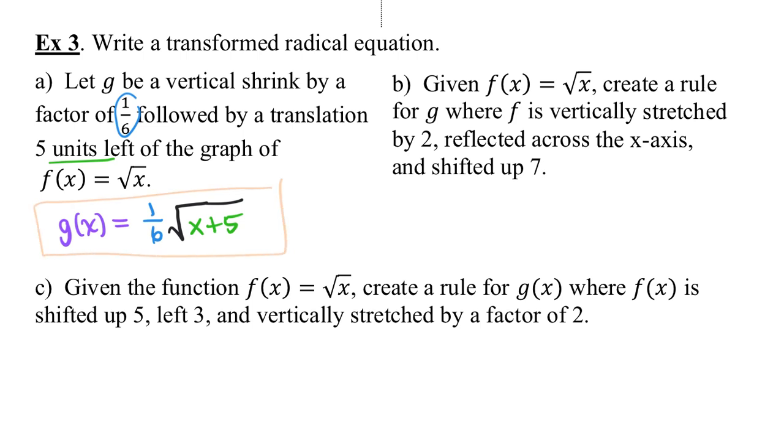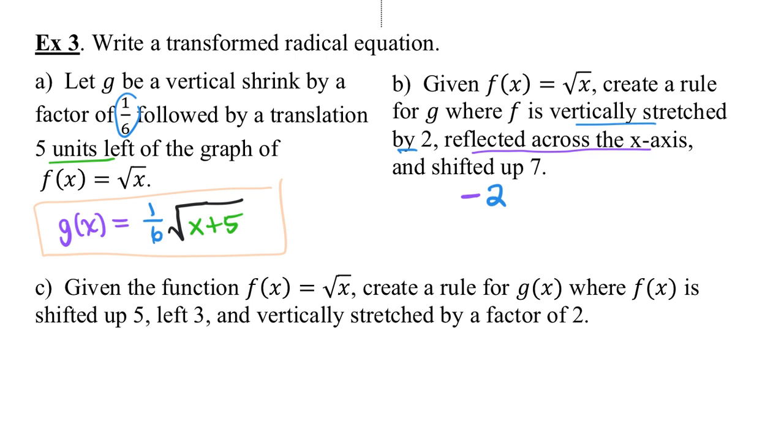Okay, for B, given f of x equals root x, create a rule for g where f is vertically stretched by 2. So I'm going to times 2. It's reflected across the x-axis, negative.